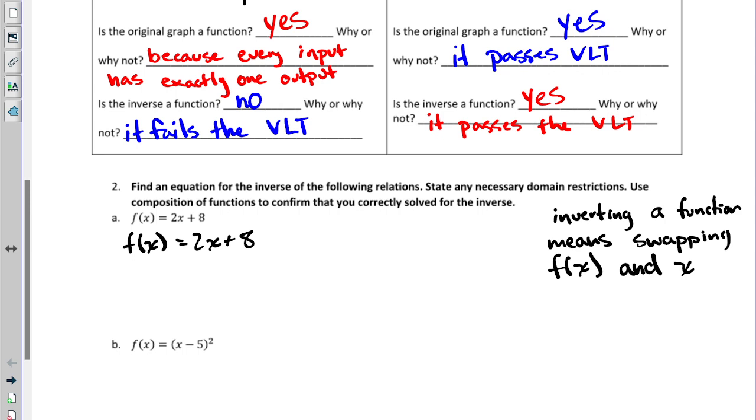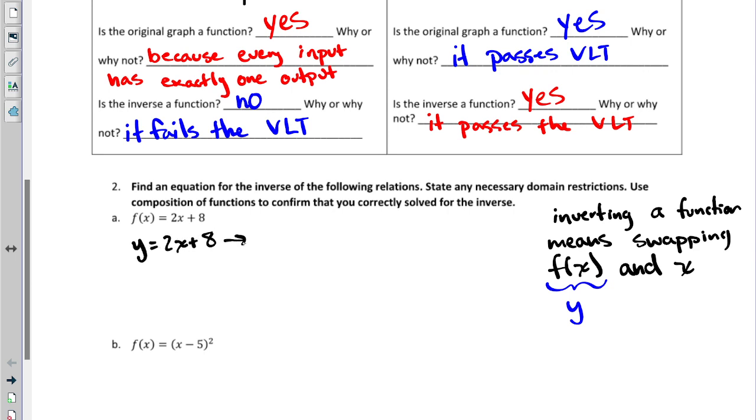Now, for the sake of clarity, I'm going to use f of x and replace it with y again. We're going to roll back the years a little bit, replace f of x back with y. That's just because we're going to be doing some algebra to solve for y, and when we have f of x written out, it looks kind of weird. So I'm going to rewrite this as y equals 2x plus 8.